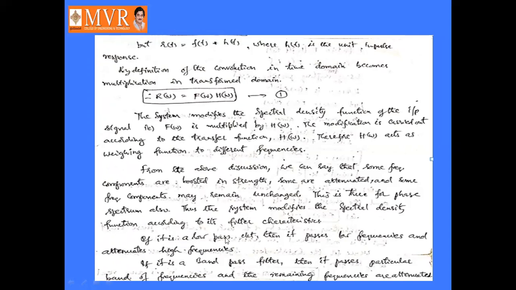If it is a low pass circuit, then it passes low frequencies and attenuates high frequencies. If it is a band pass filter, then it passes a particular band of frequencies and the remaining frequencies are attenuated.